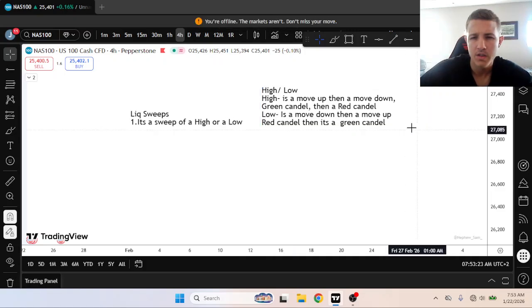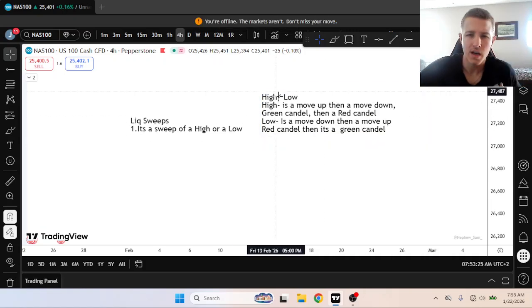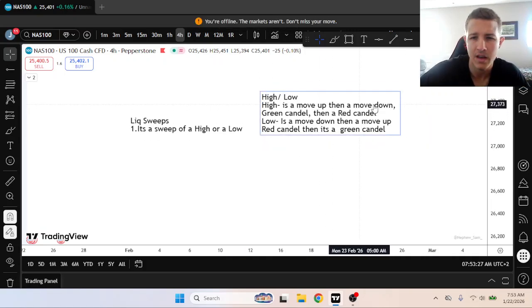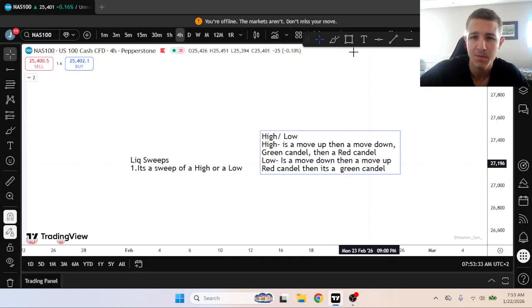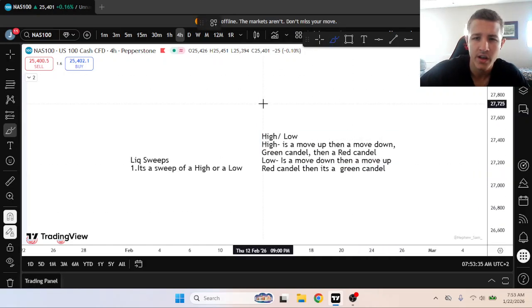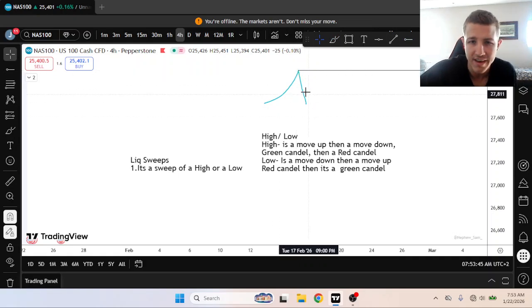So this is a high: it's a move up, then a move down, a green candle, then a red candle. Let me draw it for you guys. When you get a move up, then a move down, this is the high. It's the highest point of the move up and the move down.